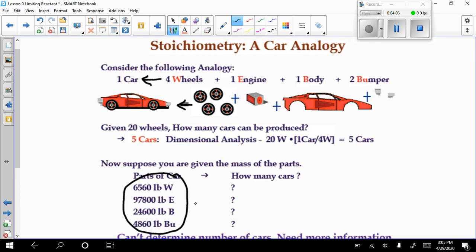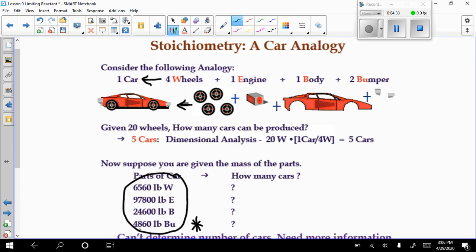One person could say, well, you have the lowest mass of bumpers. You only have 44,860 pounds of bumpers. And so therefore that's probably limiting. Well, that's not a very good way of doing it, because even though you only have a low mass of bumpers, the bumpers may not weigh very much, and so you may have lots of them. So you just have to be careful.